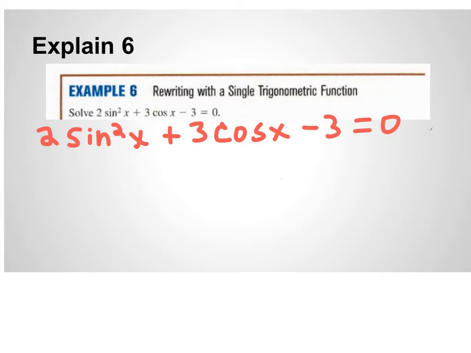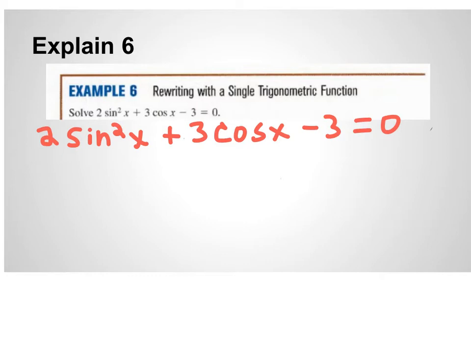Okay, when I looked at my trig identity sheet, I noticed that I have sine squared x plus cosine squared x is equal to 1. I'm looking at my Pythagorean identities, and a manipulation of that would be that cosine squared x is equal to 1 minus sine squared x, or sine squared x is equal to 1 minus cosine squared x.